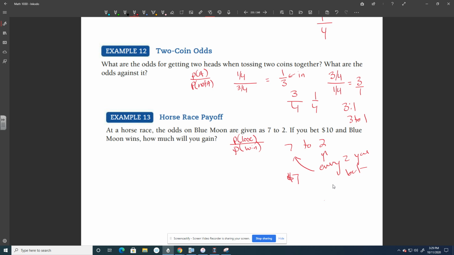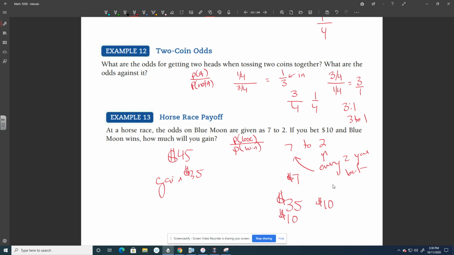So if I bet $10 on Blue Moon, well, that's $2 5 times. So that means I'm going to win $35. Plus, you get your $10 back that you bet. So you would actually get $45, but you would only be gaining 35, because 10 of that you already put into it.